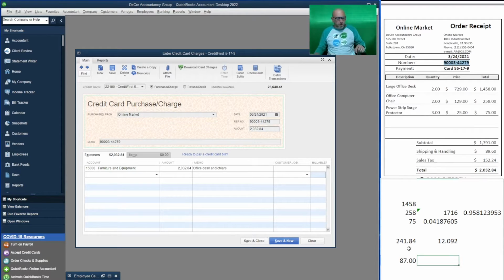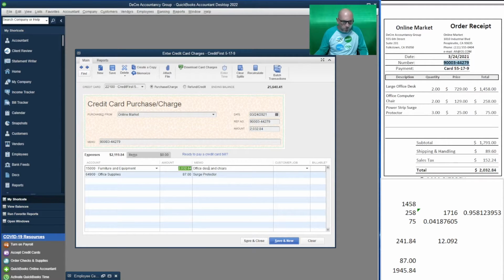That's going to go into our office supplies. 7. That's surge protector. And then the remainder of it, which is 203,284. Again, doesn't have to be precise in this case because again we need to be approximately correct for tax purposes more than anything else. There it is.